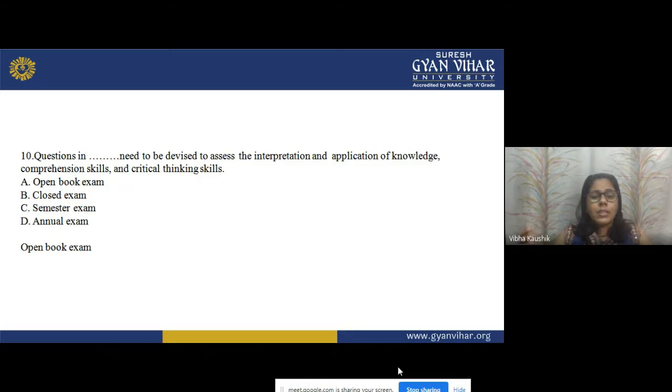Now, the options are A. Open book exam, B. Closed exam, C. Semester exam, or D. An annual exam. You have to select the correct answer, and the correct answer is option A, that is open book exam. Questions in an open book exam assess how you are interpreting the information, how you are applying the information, how much you have understood, and the critical thinking skills of the learner.